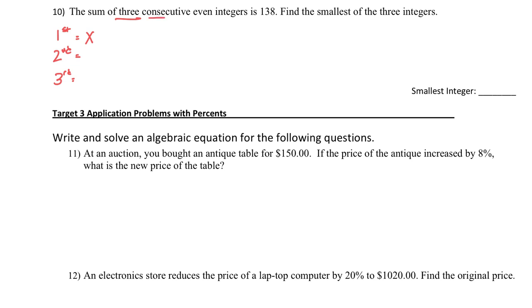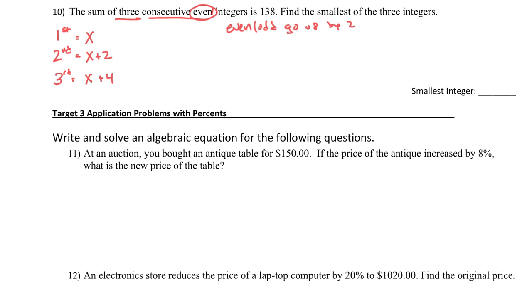In this case, it wants consecutive even integers. Well, remember, even and odd integers go up by 2. So if the first one's x, the second one is going to be x plus 2, the third one's going to be x plus 4.